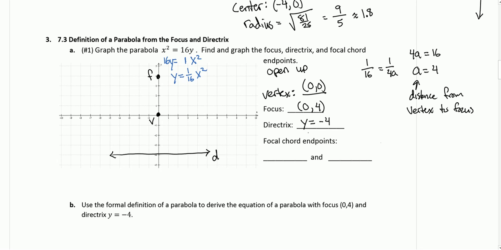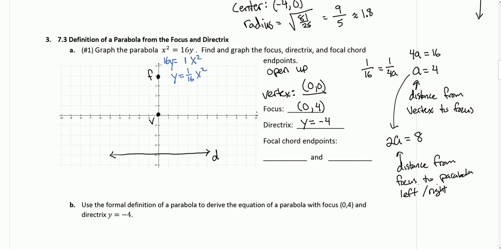And the focal chord endpoints, well, we're going to use a to help us find that. Actually, 2 times a, well, a is 4, so 2 times a is 8. That's the distance from the focus to the parabola in this case, moving left or right.